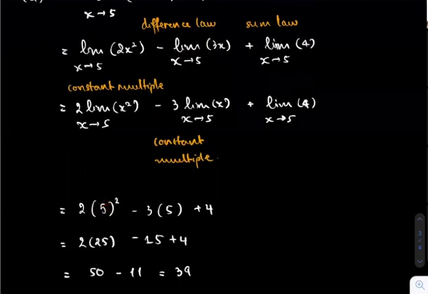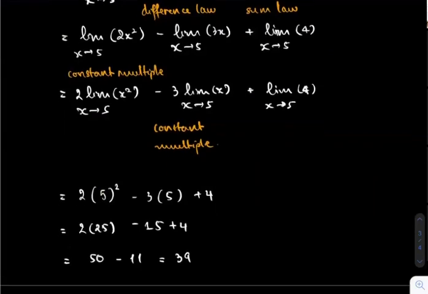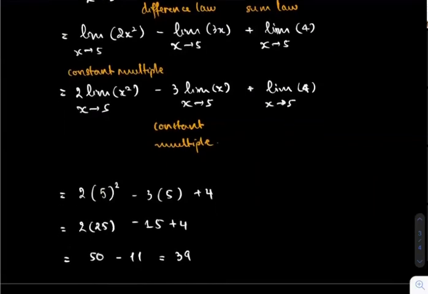But before evaluating the limits, you have to keep the limit notation at all times. I'm going to remind you over and over again to keep the limit notation until the evaluation step. This is the evaluation step right here, and therefore you see there's no limit notation anymore.